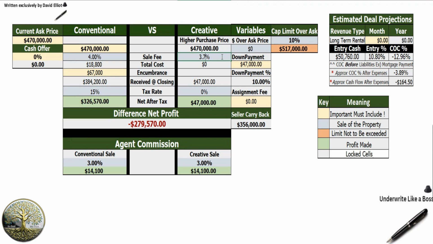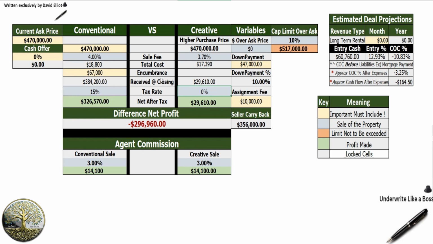The 0.7 would be the average closing cost that you could expect via a creative deal. And if you're going to wholesale this, let's put in a minimum of a $10,000 assignment fee. Because there's such a great amount of seller carryback, they will not be paying capital gains this fiscal year. Those capital gains will be deferred.